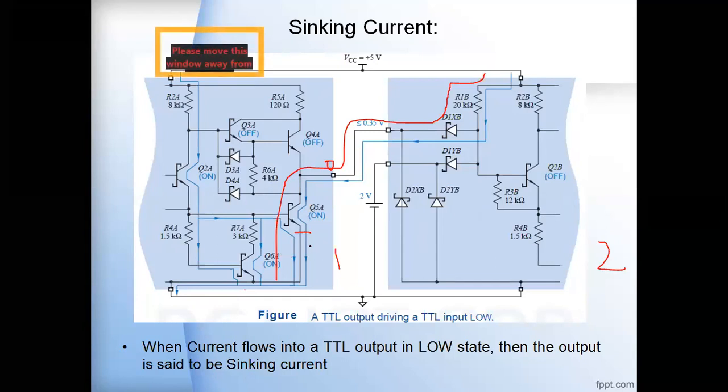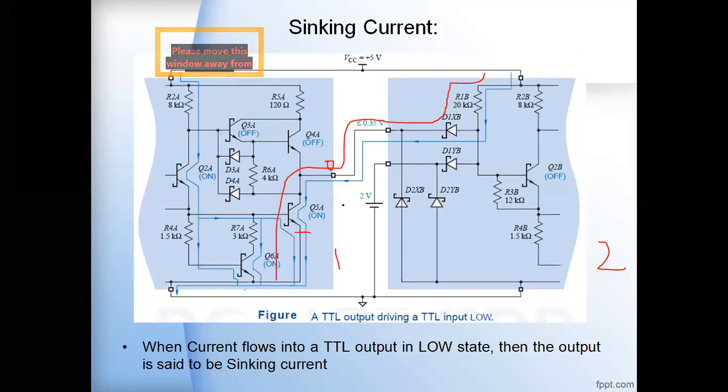So the current flows into the output. See the words, the current flows into the output of the gate. That current is said to be the sinking current, which causes the output to go to 0.